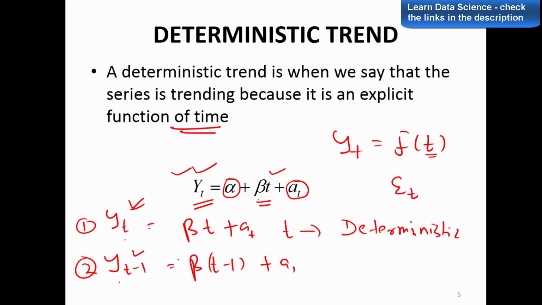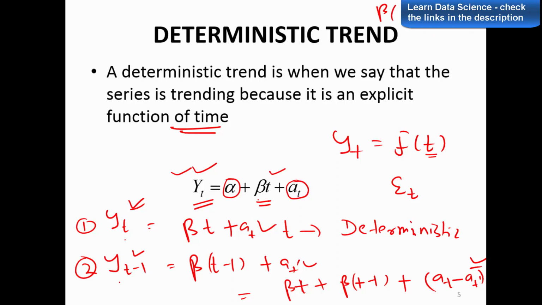If you subtract the second from the first, you'll get an interesting pattern. So what do you get? Basically, beta t minus beta t minus 1, and then at, which will become another error, maybe this is at and this is at dash. So at minus at dash is some sort of error, and the properties will more or less be the same.